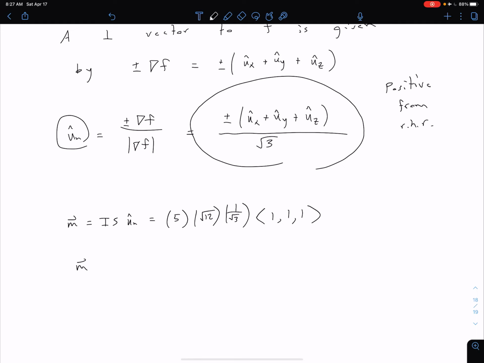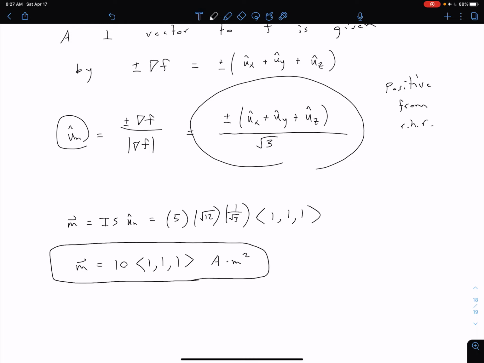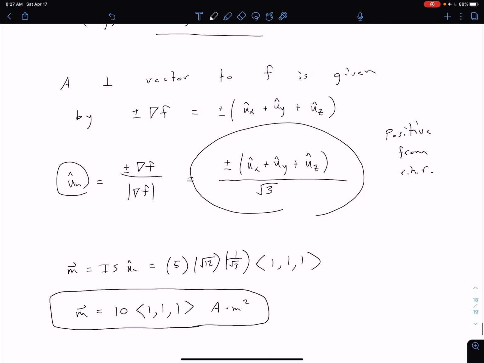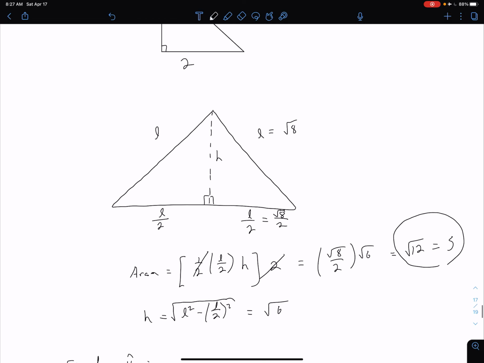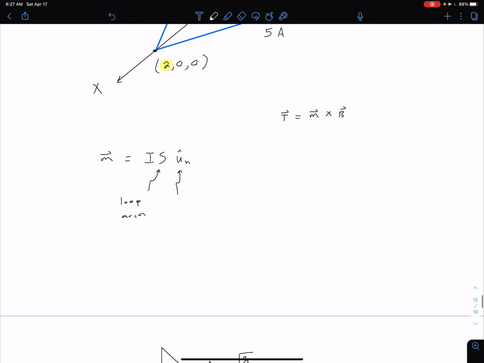So if we reduce that term out front, we end up getting that m is 10 times 1, 1, 1, and again the units of this are amps meter squared. And so again, if we then had a uniform B that this current carrying loop was in, we could easily find the torque just by taking that magnetic moment equation and doing the cross product of m with B.